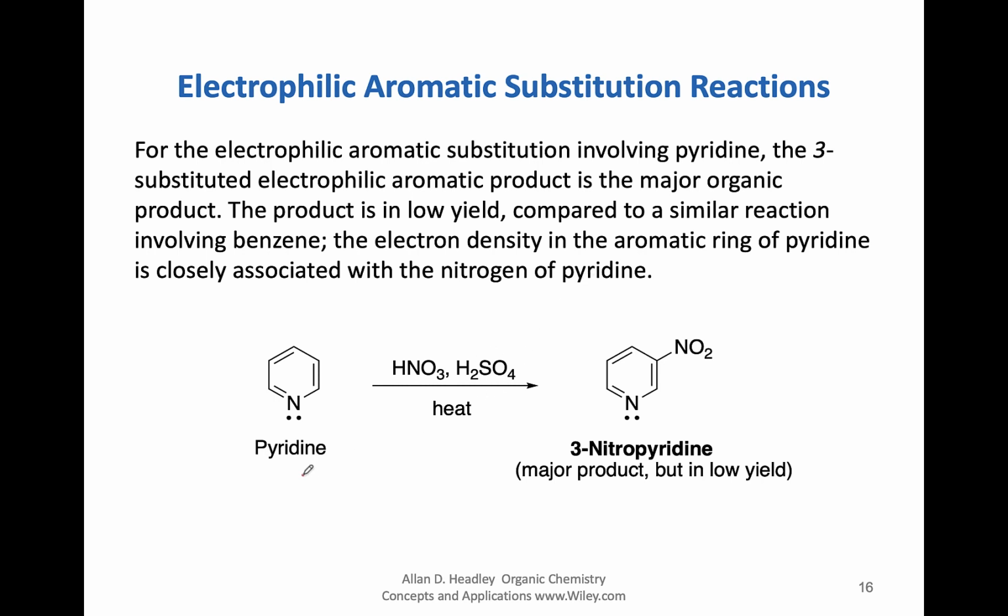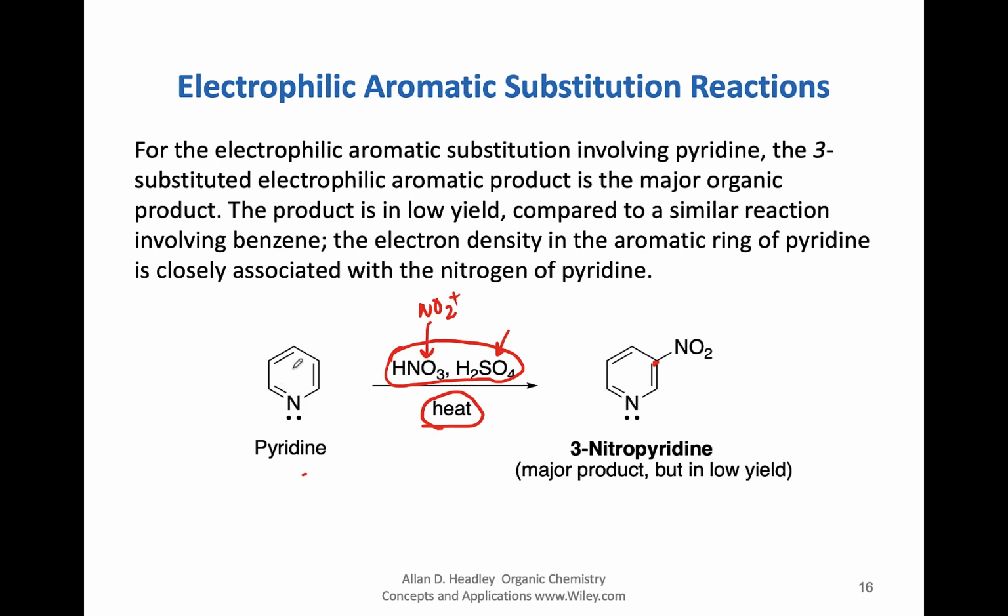So here's pyridine. You recognize this because here's the electrophile NO2 plus, and here's the catalyst, and the substitution will go here. I should point out, however, this is under heat, and of course we know why, because pyridine is not reactive, because these electrons are not readily available because they're more towards the nitrogen.